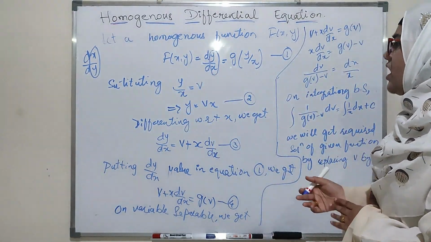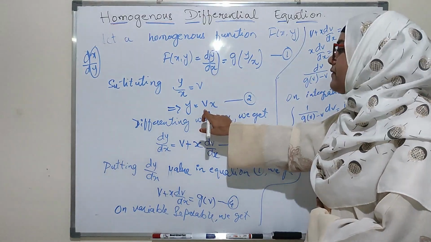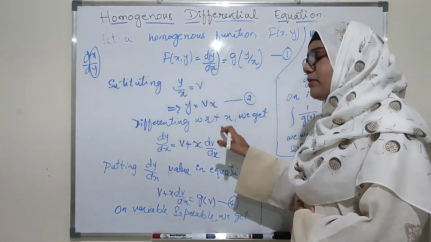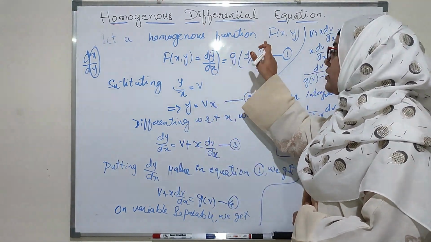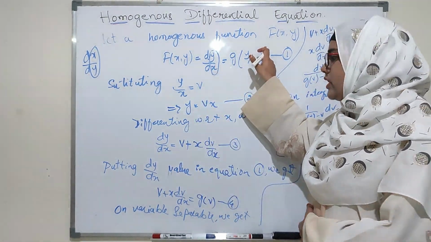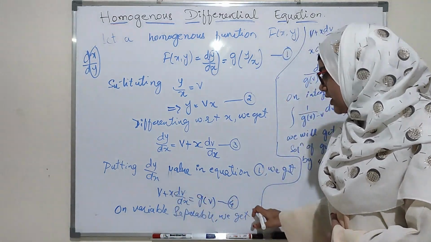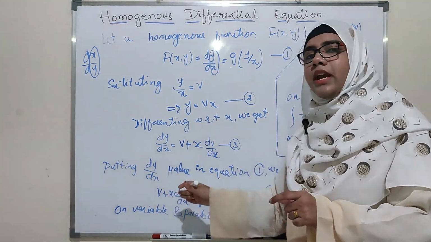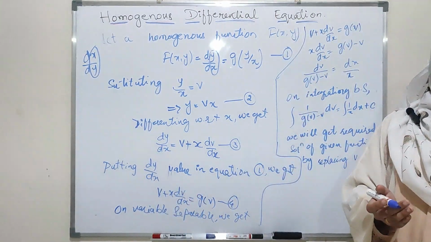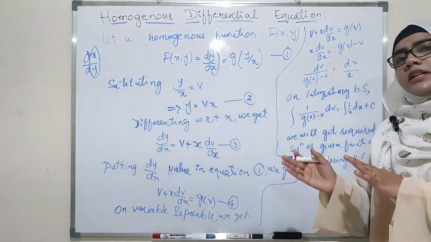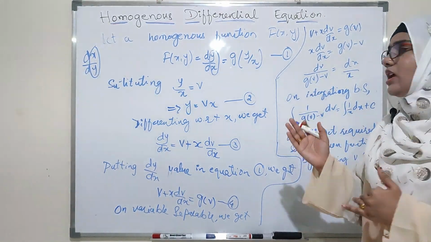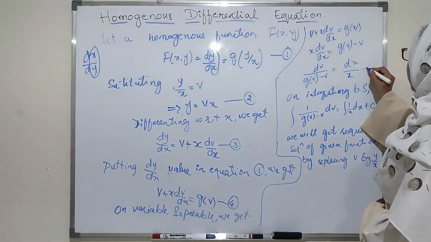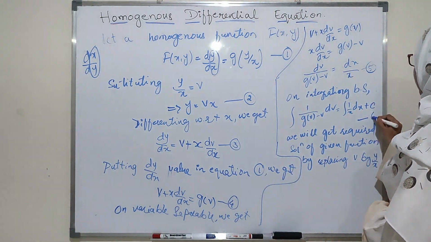Now we differentiate y to get the dy by dx value, and substitute this dy by dx value in equation 1, then we get another equation in the form of v and x. Now we separate the v terms on one side and the x terms on the other side, then we get this form. Name this one as equation 5 and this one as equation 6.